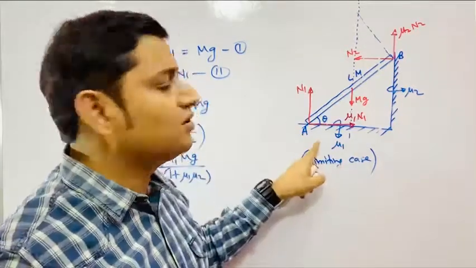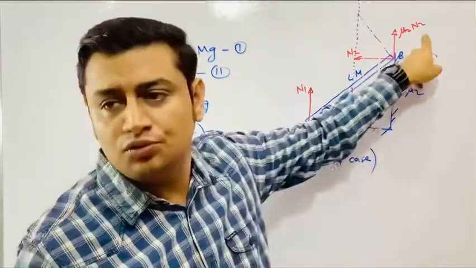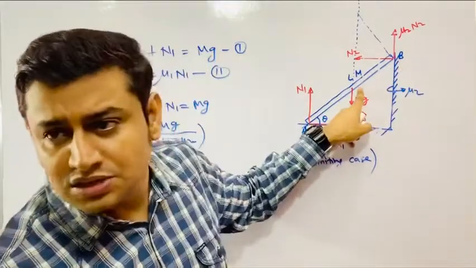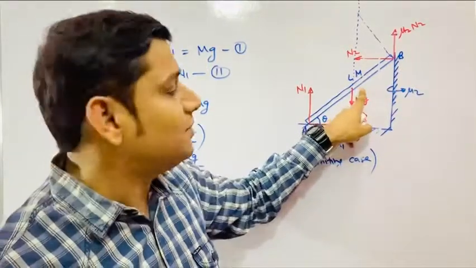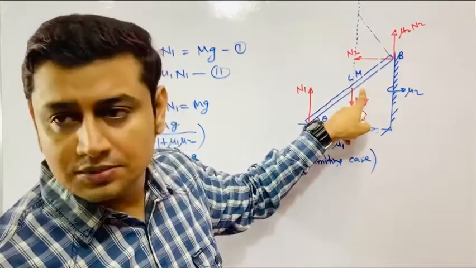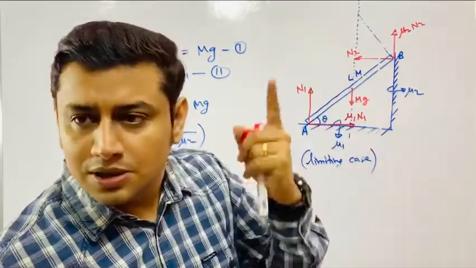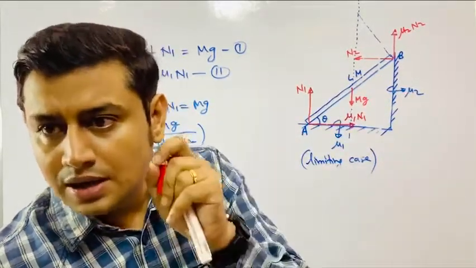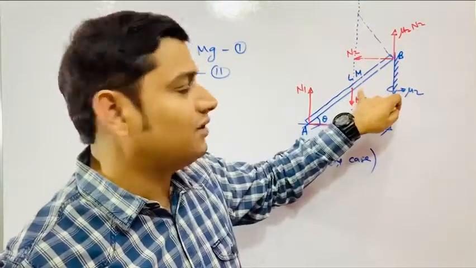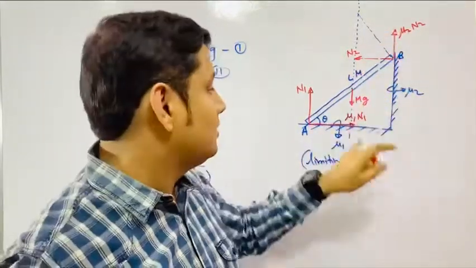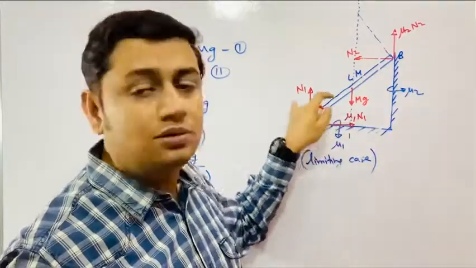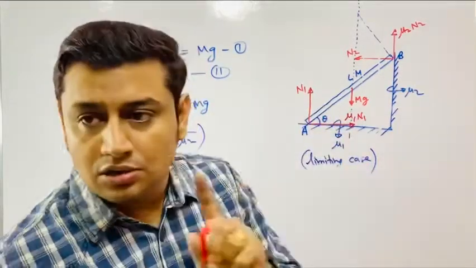Center of mass is not a wise decision here, because I would have to calculate 4 torques. But if I take about point A, I do not have to take torque of two forces.